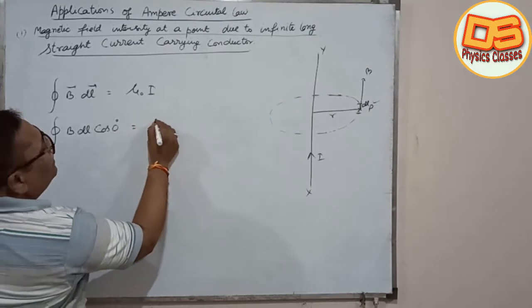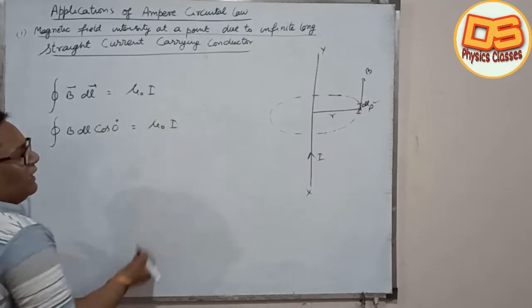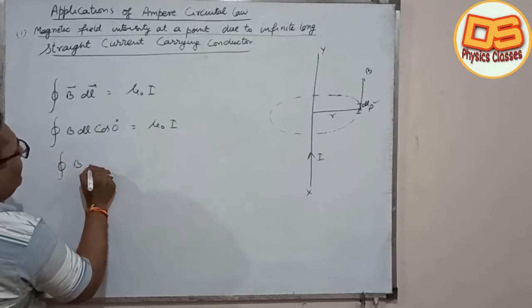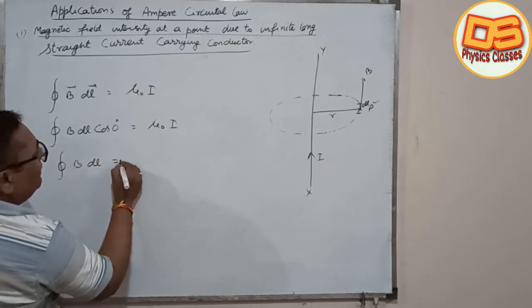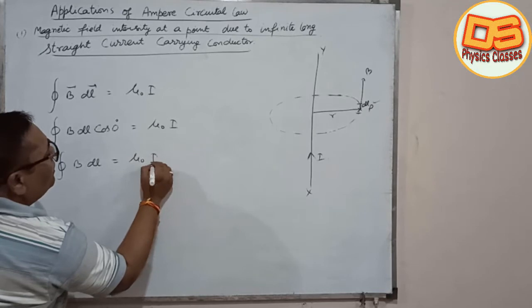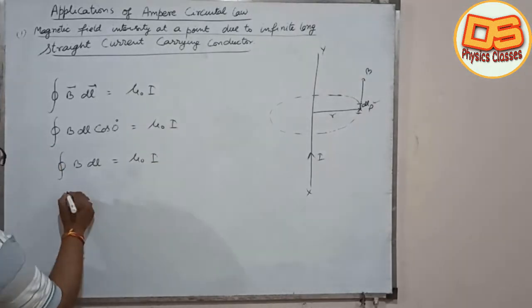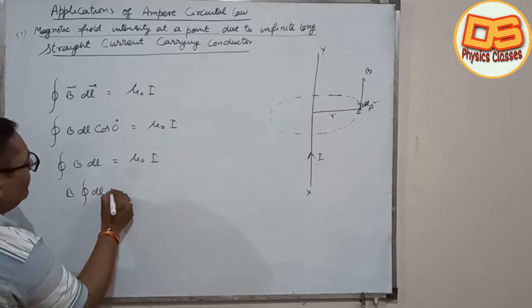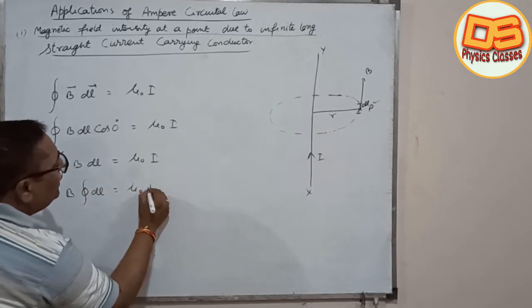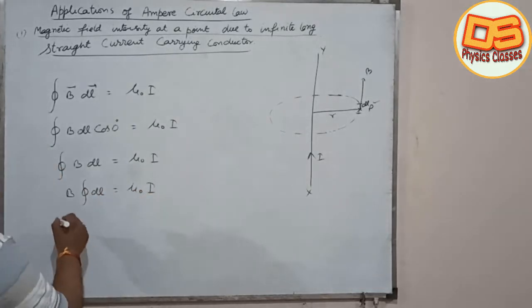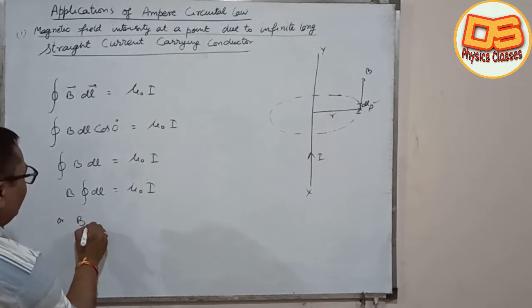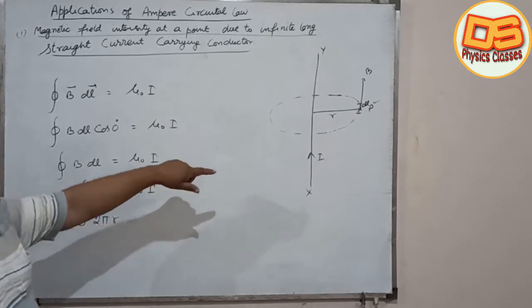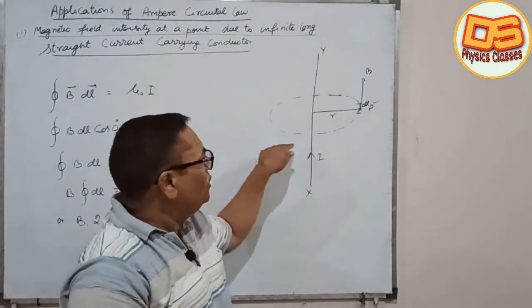Equal to mu 0 I, or B into closed integral of dl equals mu 0 I, or B into 2 pi r. This is the circumference of this closed loop.